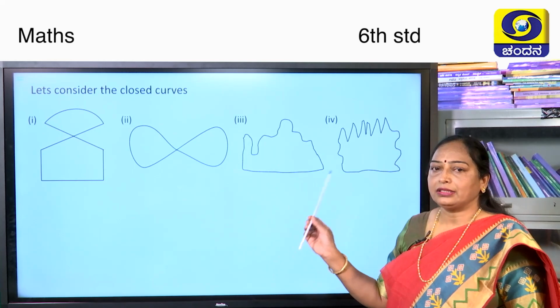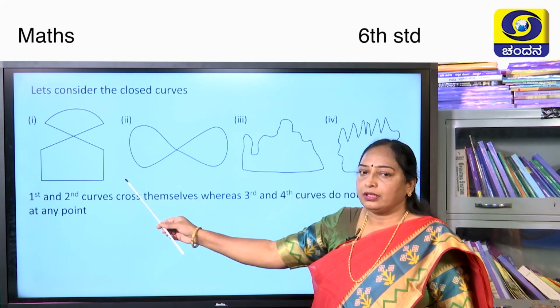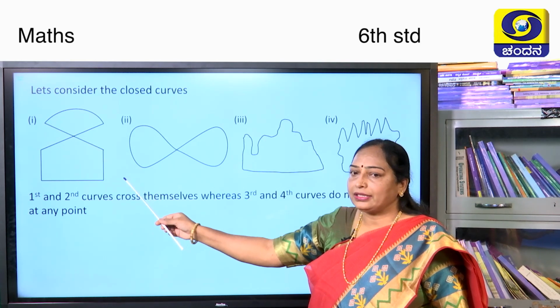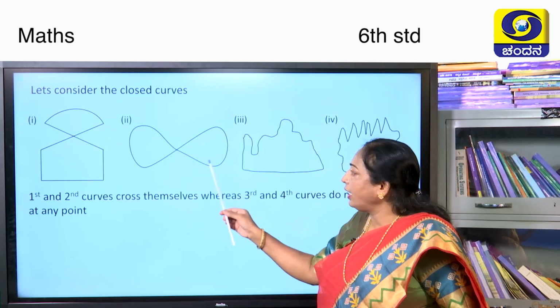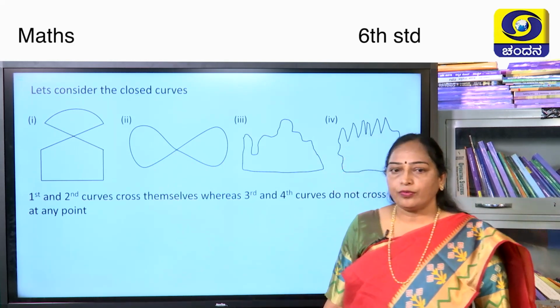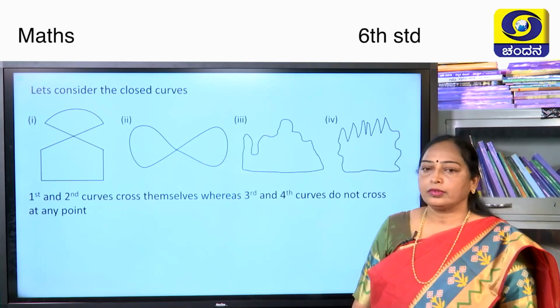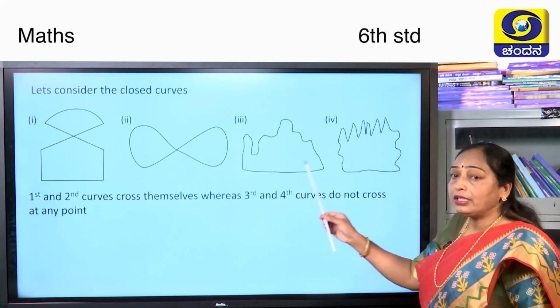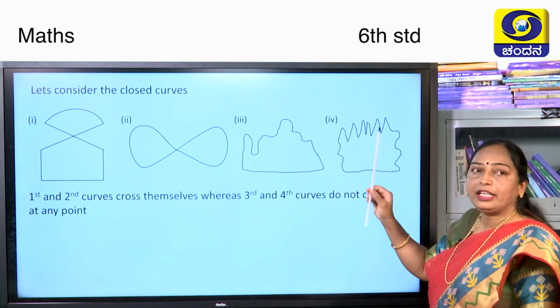Let us consider the closed curves. Look at the first figure. It crosses itself. In the second one also, it crosses itself. Therefore, the first and second curves cross themselves, whereas the third and fourth curves do not cross at any point.